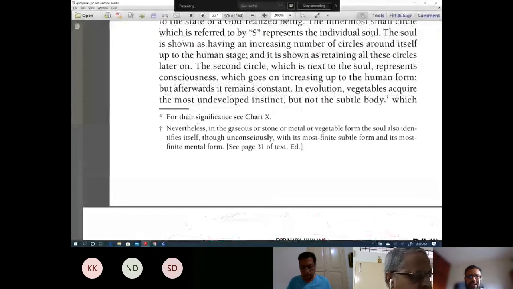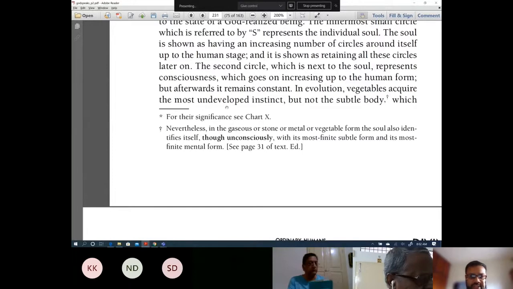The soul is shown as having an increasing number of circles around itself up to the human stage, and it is shown as retaining all these circles later on. The second circle, which is next to the soul, represents consciousness, which goes on increasing up to the human form, but afterwards it remains constant.